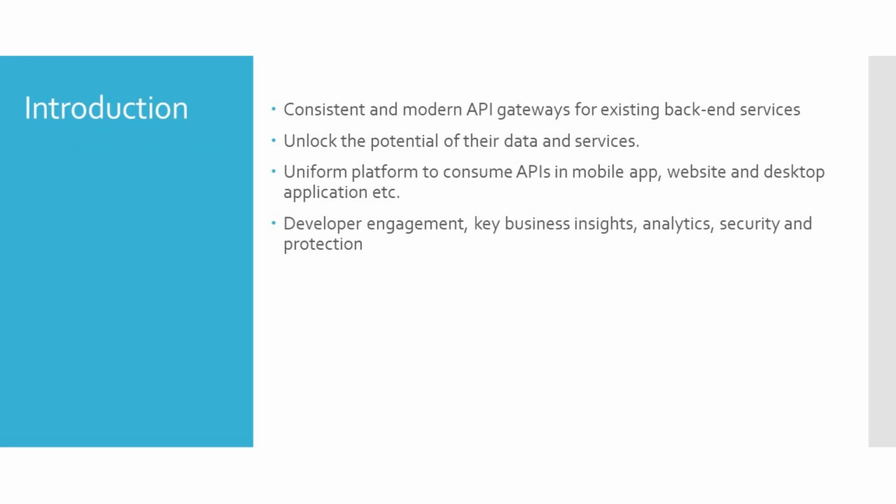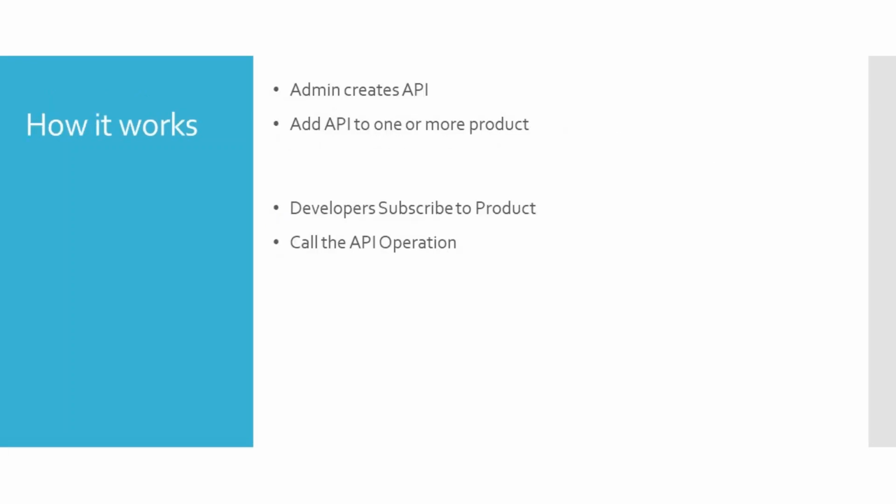APIM is also a collaborative environment for developer, business and security stakeholders. They can use APIM as per their need and collect the information they want. There are two groups. One is admin and another one is developers.